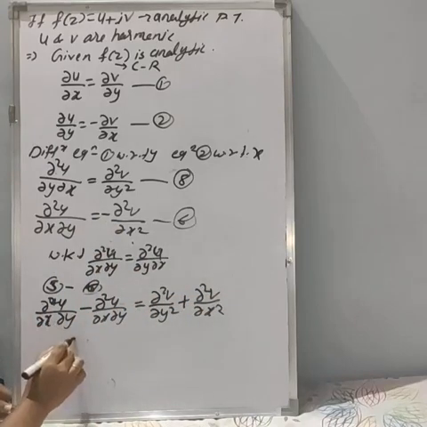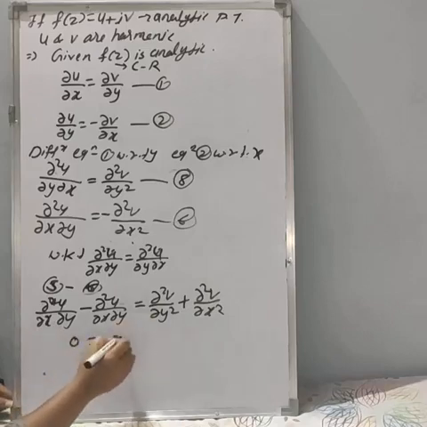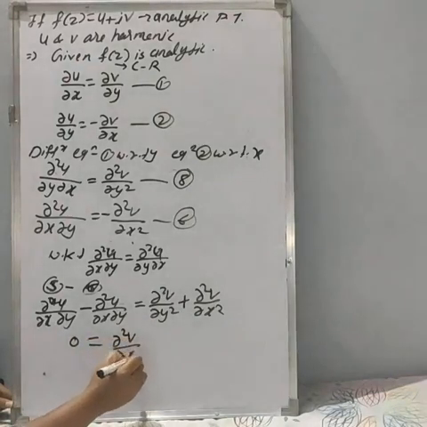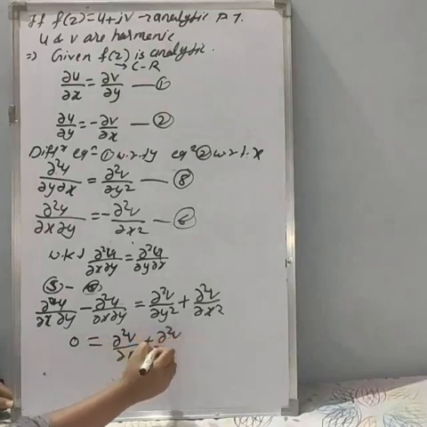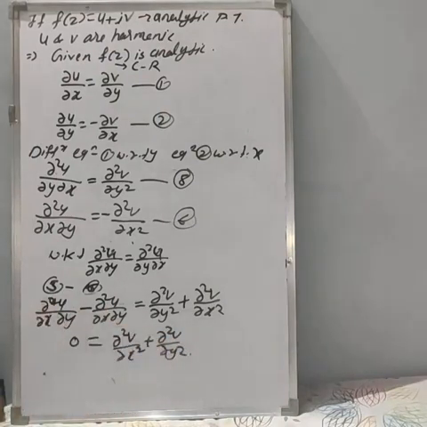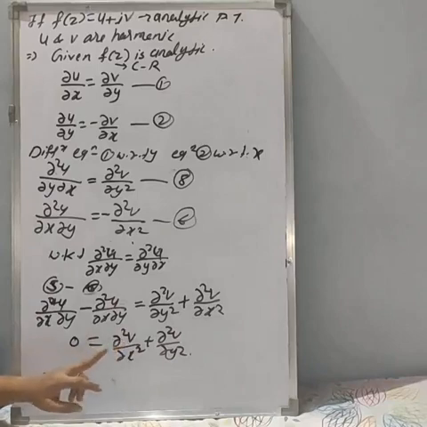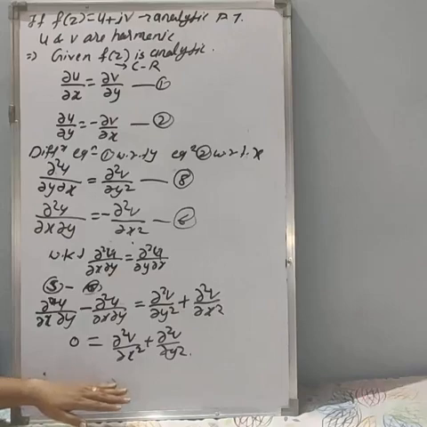If you solve this, the left side is 0, and this is the required result: ∂²v/∂x² plus ∂²v/∂y². This is the Laplace equation with respect to v. Since v satisfies the Laplace equation, v is a harmonic function. That is the required result.